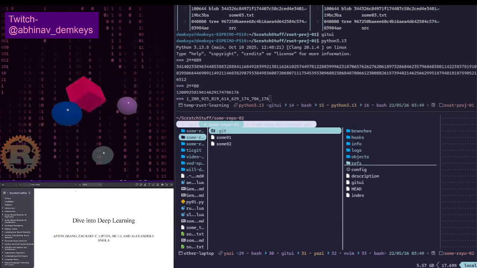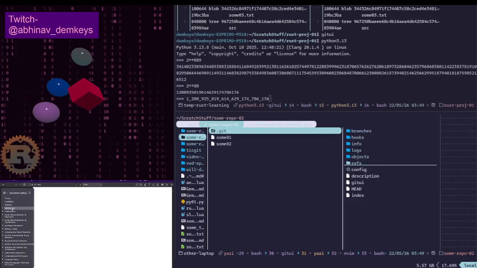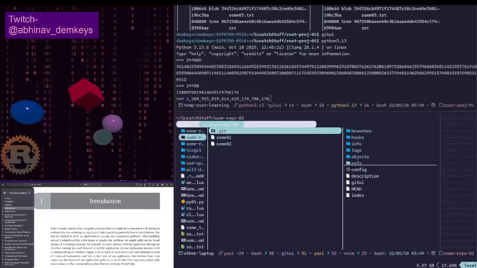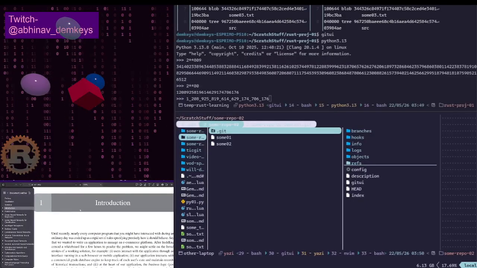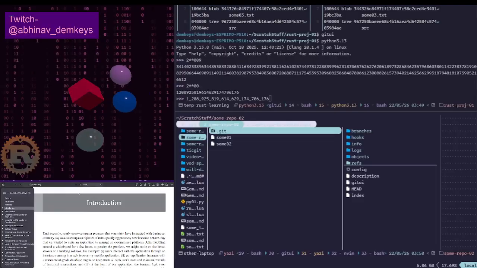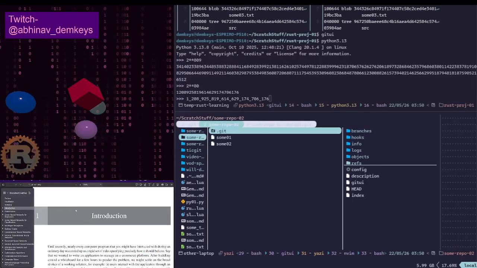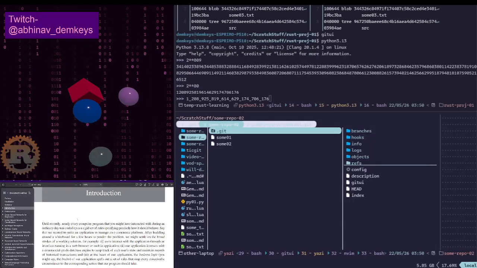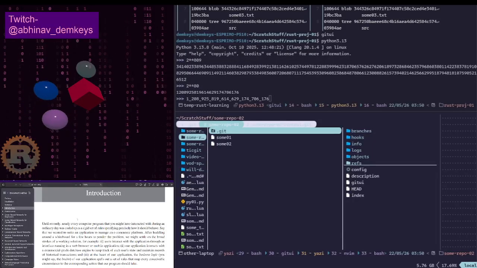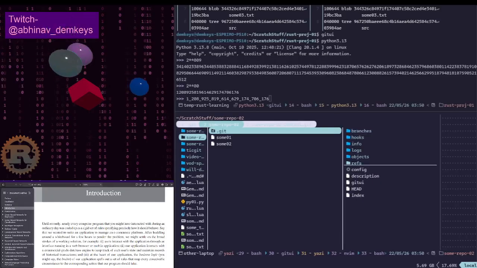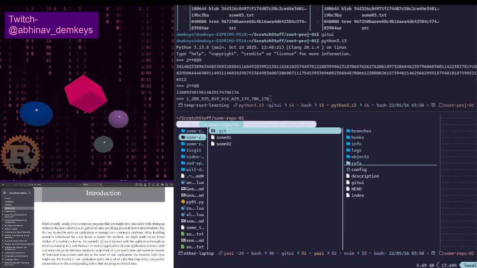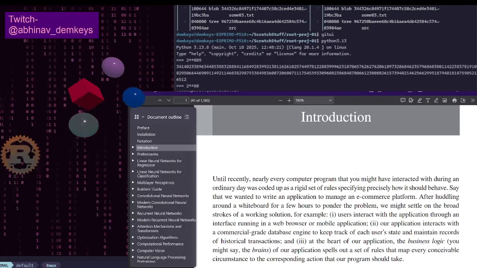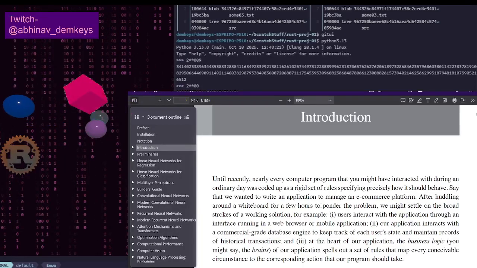Hold on, give me a second. Right. Oh, I didn't transition. Now you guys can see it. Well, I mean, you could see it before as well, but it was smaller.